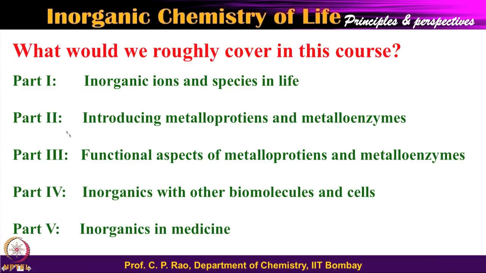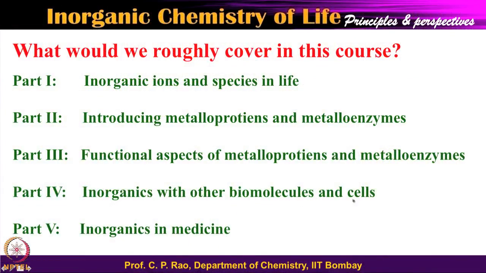Okay, having mentioned that, we will try to go through these 5 parts of the topics: the initial introduction on inorganic ions and species, then introducing the metalloproteins and metalloenzymes, what they do, and how diverse they are, and then how they are doing it.